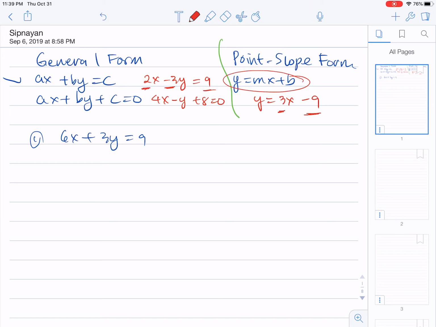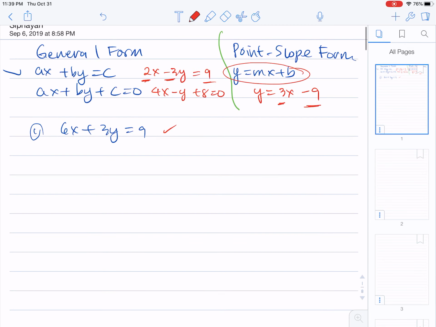Dapat nag-iisa lang yung y, wala siyang number ng katabi, no? So, meaning we have to eliminate all the numbers from the left-hand side dito, no? Alisin natin yung 6x tsaka yung 3, di ba? Para y na lang matira. Y yung hinahanap natin.